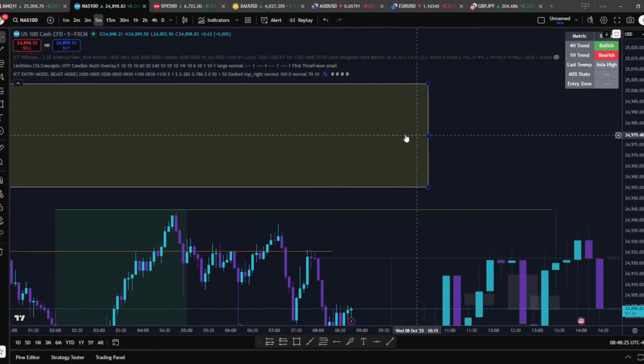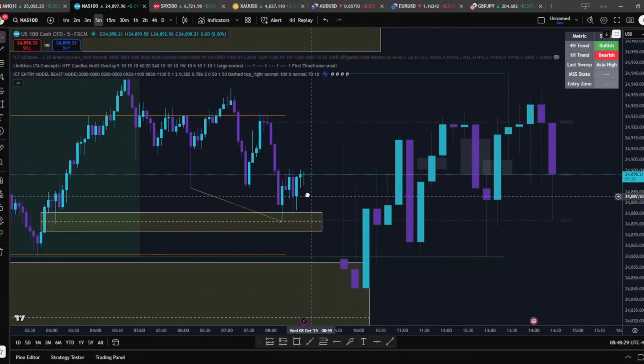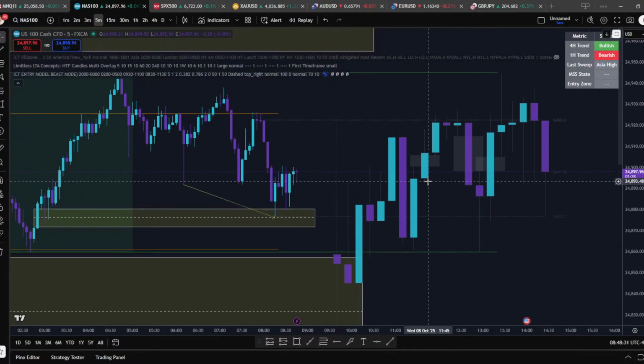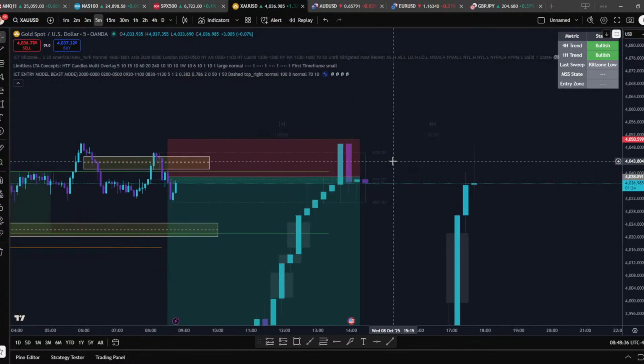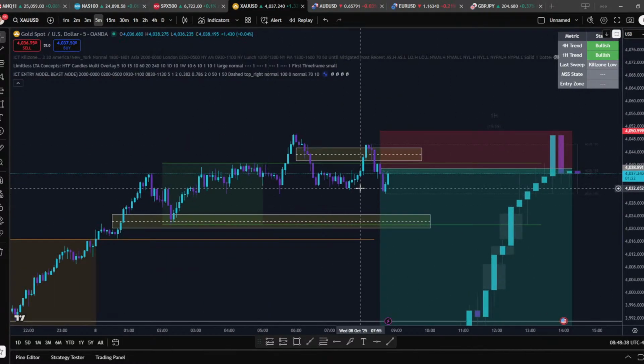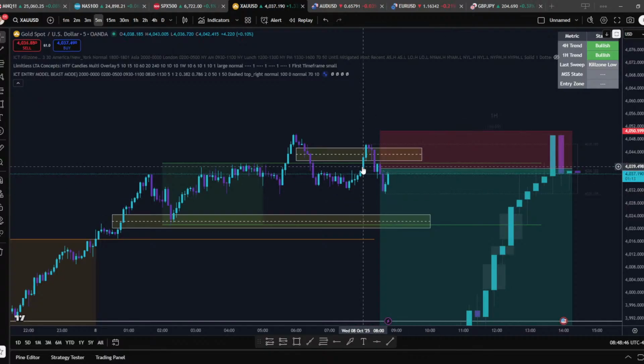And there is liquidity higher up. So this is interesting. So let's look at our gold. Okay, gold, even though it broke below, there's a market structure shift here, right? And the AMD setup looks good here.